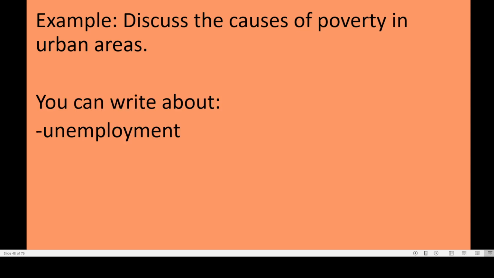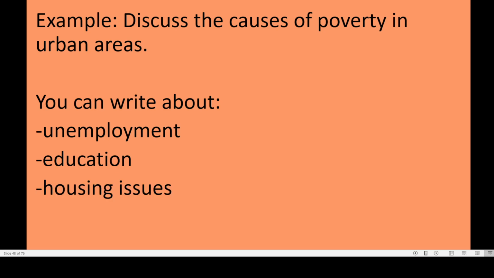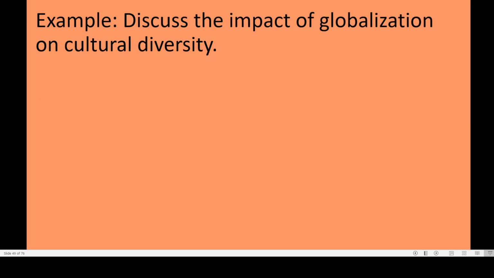So maybe you could write about unemployment, education opportunities, housing issues, or maybe government policies, or social issues, or personal issues. Discuss the impact of globalization on cultural diversity. That is your writing topic.